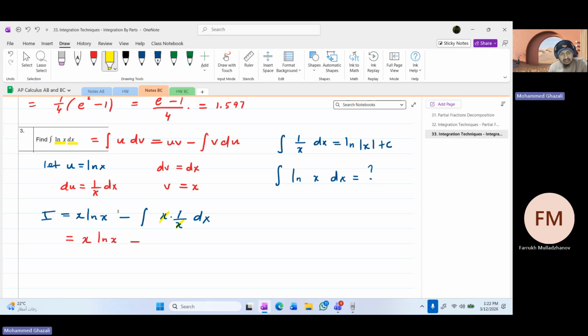What was v? x. Look at this formula, there's a formula I'm substituting into: uv minus the integral of v du, which is 1 dx. The integral of 1 is x plus c. So what's the integral of ln x? x ln x minus x plus c.